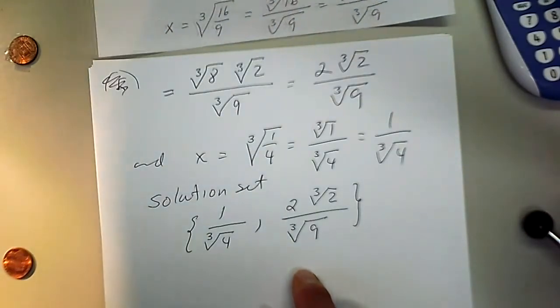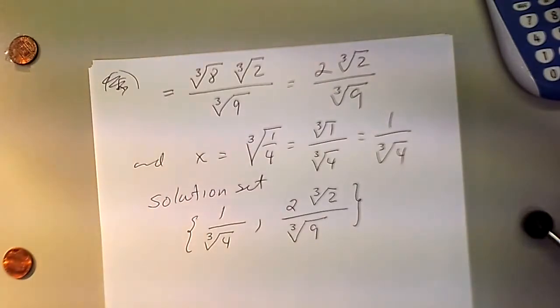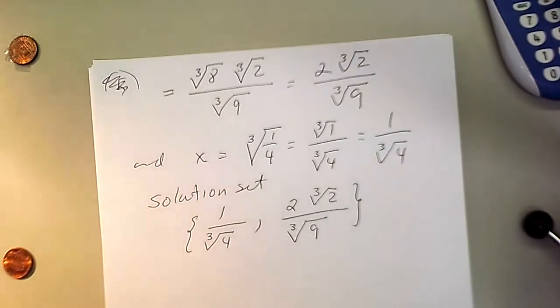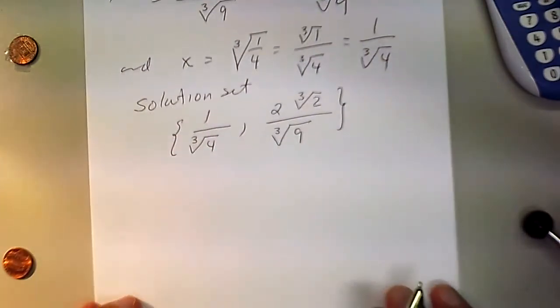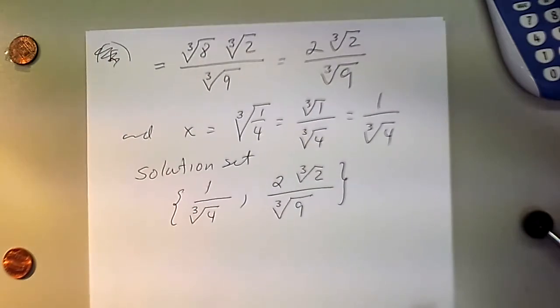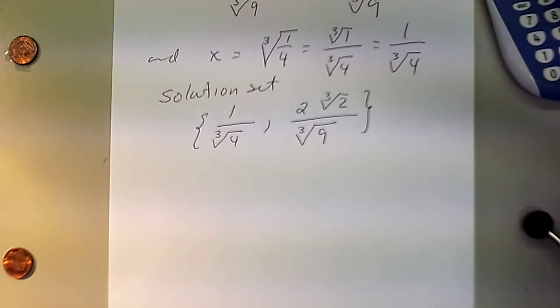Some instructors want it, some instructors don't. You really want to ask instructors whether they prefer solutions without roots in the denominator or not. That was a doozy. That was a big one.